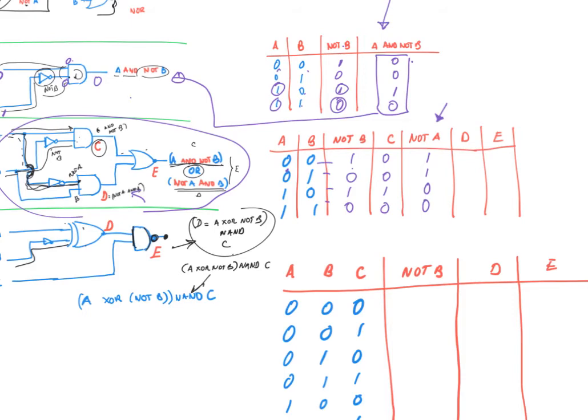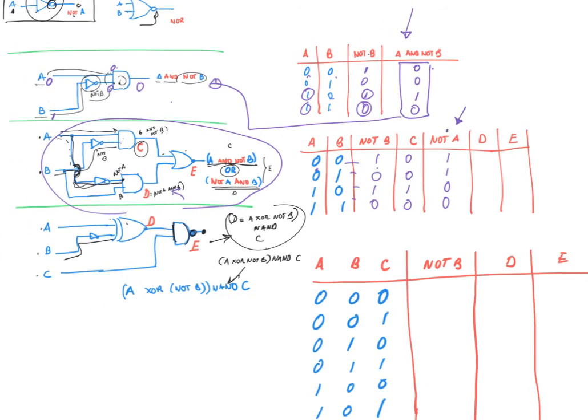D is not A and B, or B and not A, which is the same thing. So I can do 0 and 1, 0; 1 and 1, 1; 0 and 0, 0; 1 and 0, 0.